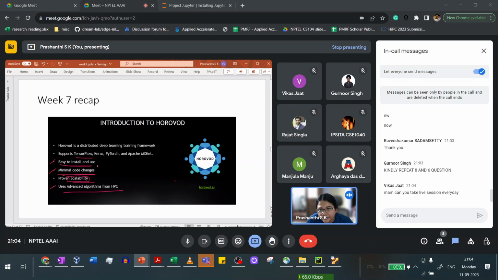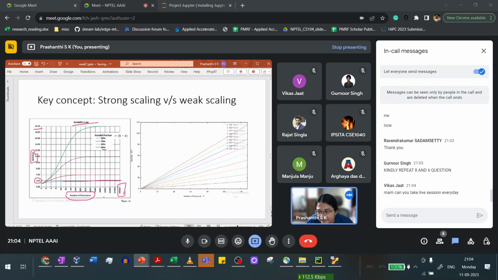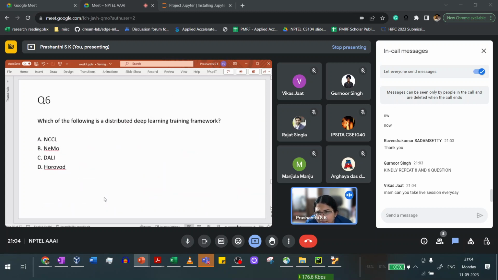So that will help you understand how it is easy to use, how it has minimal code changes. This uses advanced algorithms from HPC. You might not be able to directly connect with that, but you can take a look at the Horovod website and understand a little bit more about what it does, right? That will help you understand the last part. So that's question 8.